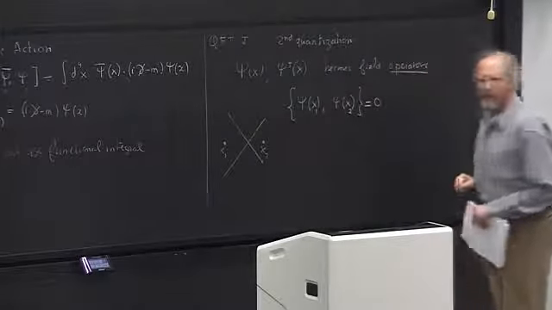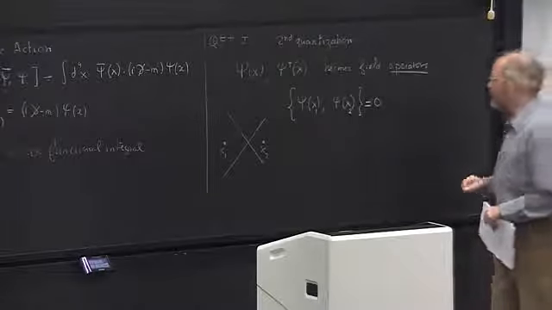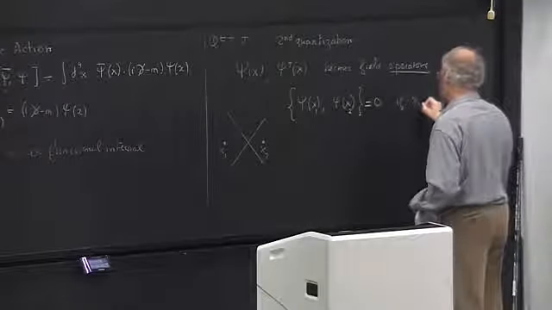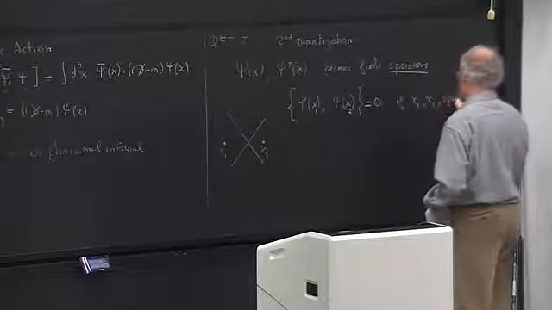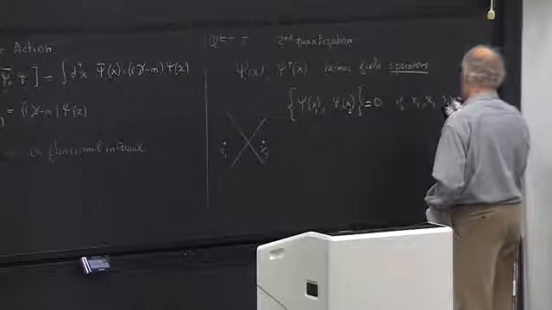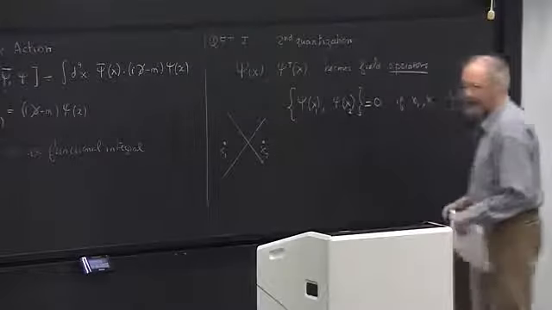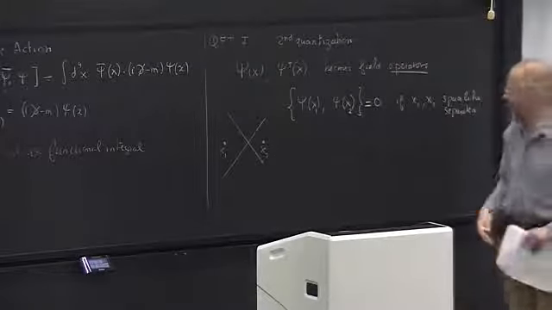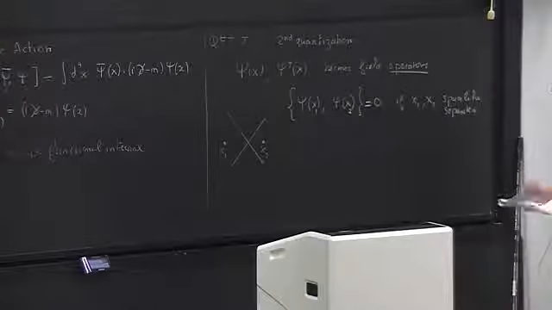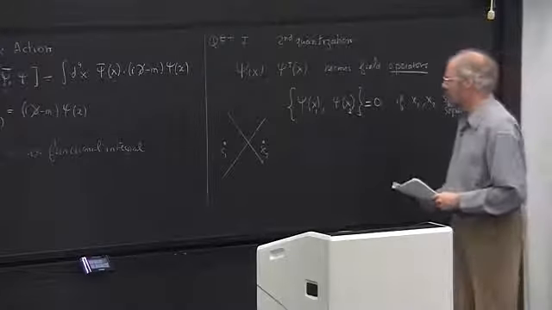you get anti-commutation relations, then you have an additional term if they are at the same point. This is the way to generate the Fock space, but they anti-commute.